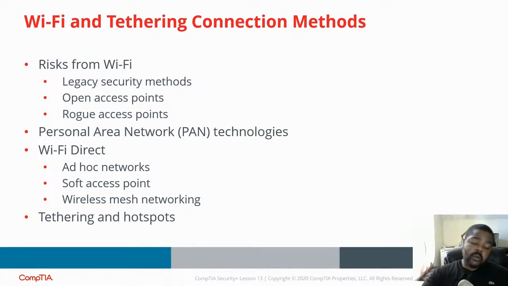So the next thing I want you guys to think about when it comes to mobile devices is, how do we actually connect, right? Are we using telephone connections? When I say telephone connections, I mean, are we using the actual phone carrier's connection in order to communicate on the network? Or are we using some type of Wi-Fi signal? For those who don't know, those are two different networks that we could be connected to.